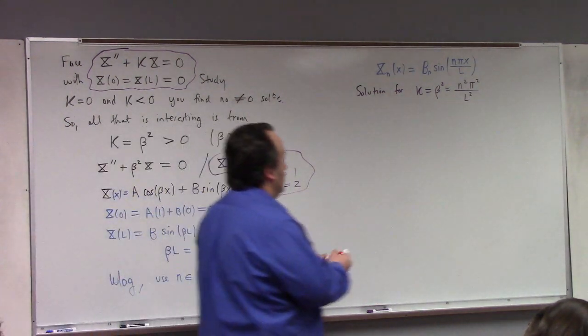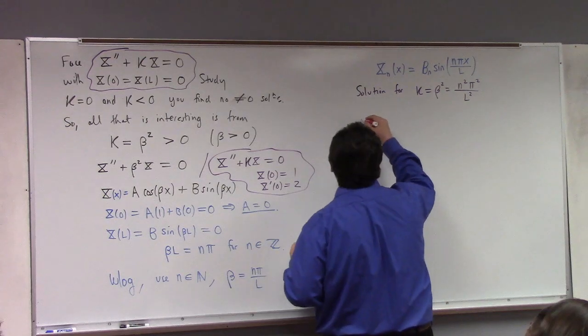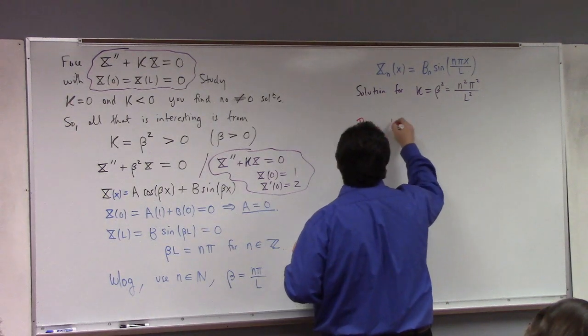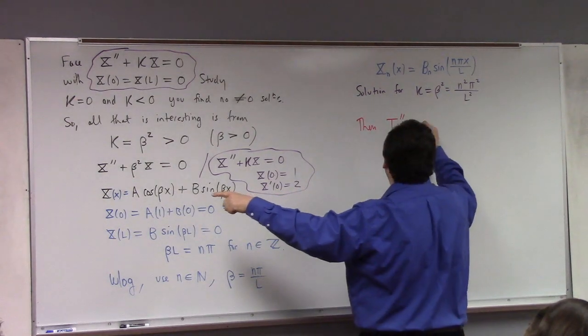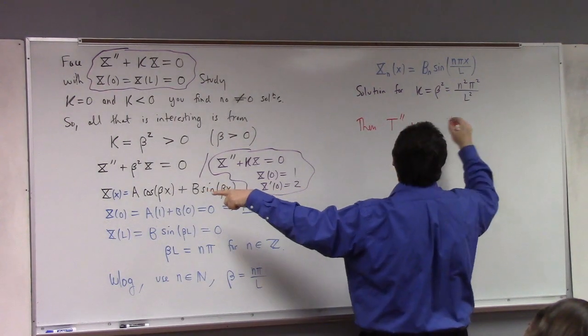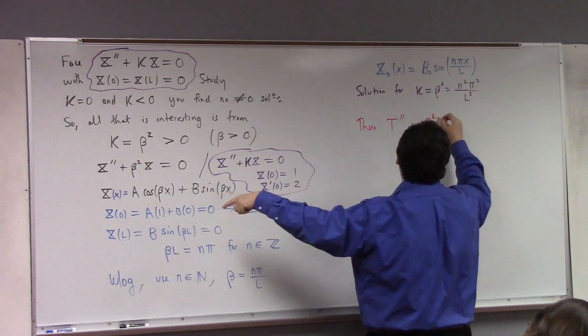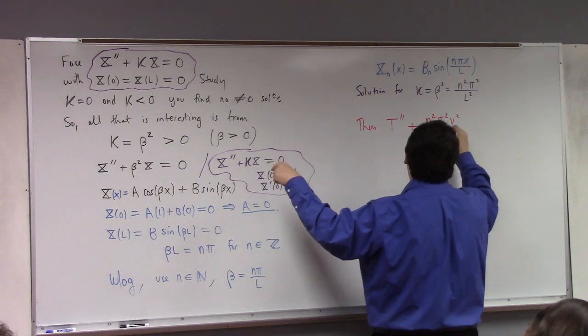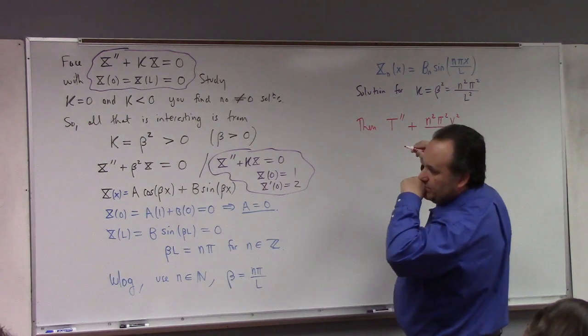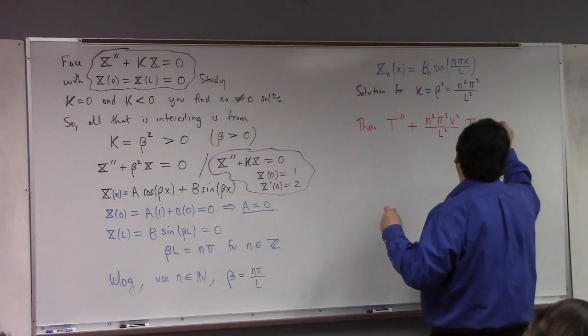So T'' plus k v squared, but my k is n squared pi squared, so we've got n squared pi squared v squared over L squared, T equals 0.